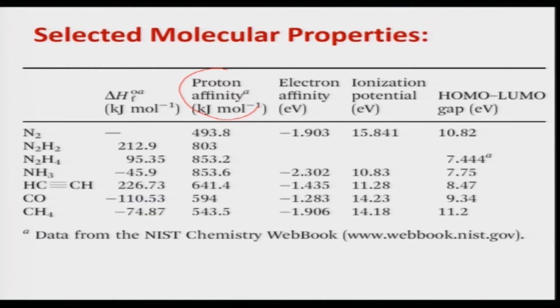Now, what you see is that the HOMO-LUMO gap is too high, 10.82 electron volt, which explains why it is so inert. And if you look at the proton affinity, you find that it is the lowest in the series. That means it is extremely difficult to protonate, even with a strong acid it is an impossible task.